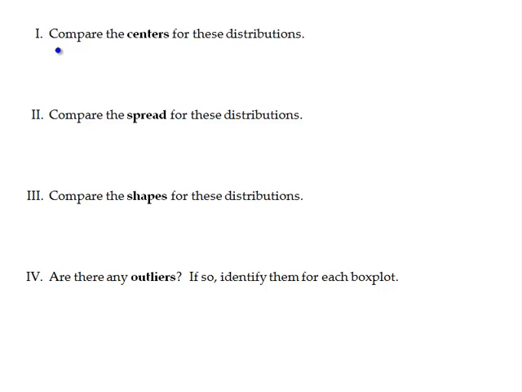Now to answer these questions, we'll begin with the first one. Compare the centers of these distributions. Okay, as we learned in previous videos, the measures of central tendency can be the mean, median, or mode. The only one that we can determine from a box plot is the median. So we say the median for males was 85 miles per hour.